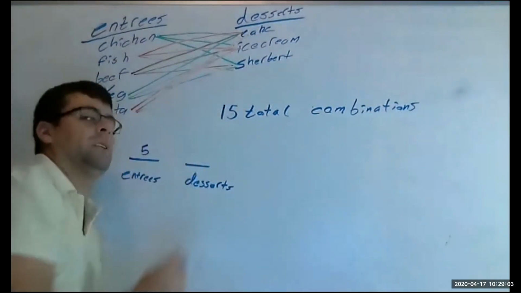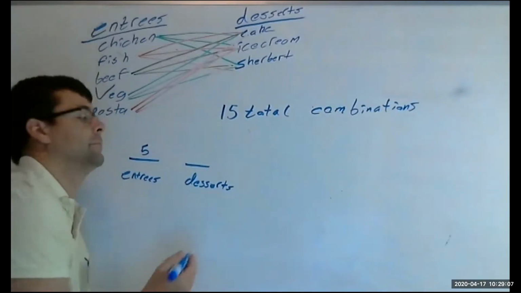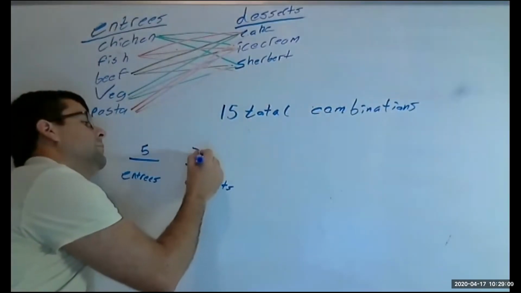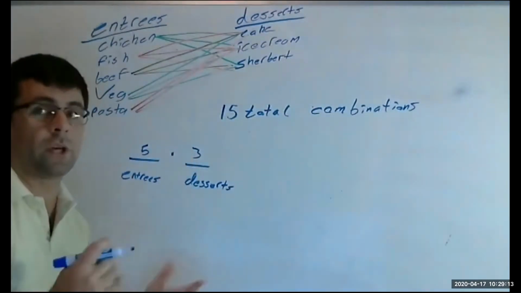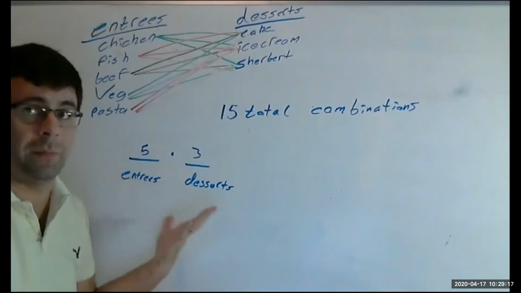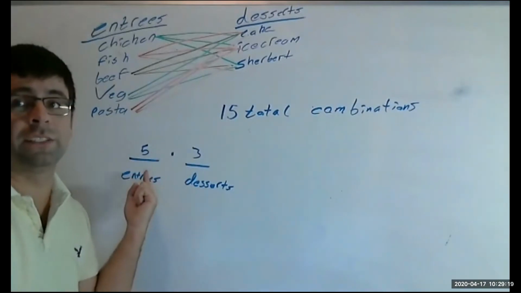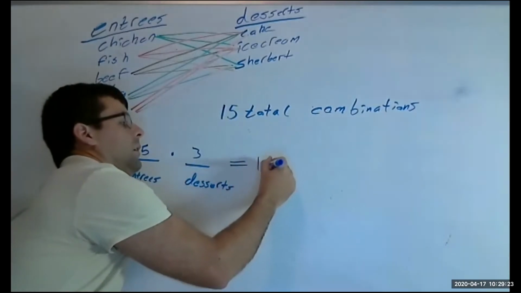How many possibilities are there in the dessert space? 3. Very good. So the total number of different possibilities we can make from 5 things in this space and 3 in this space is 15.